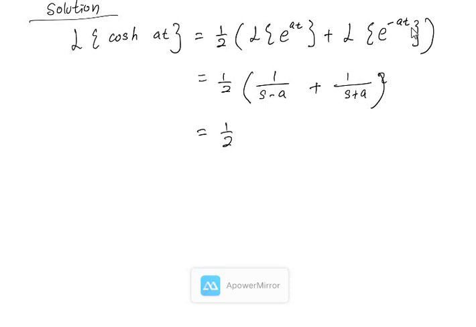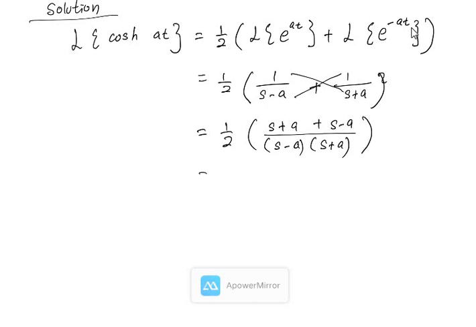So I simplify it, I get s minus a and s plus a in the denominator. And the numerator, I multiply up, so I have s plus a plus s minus a. So s and s, I have 2s.